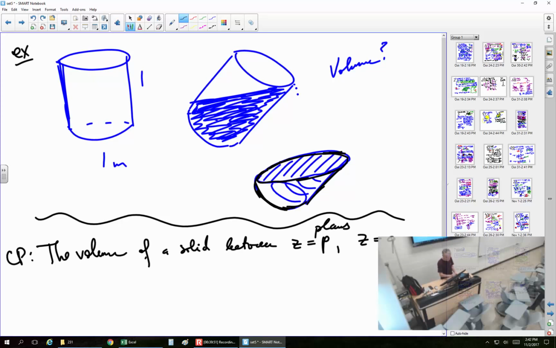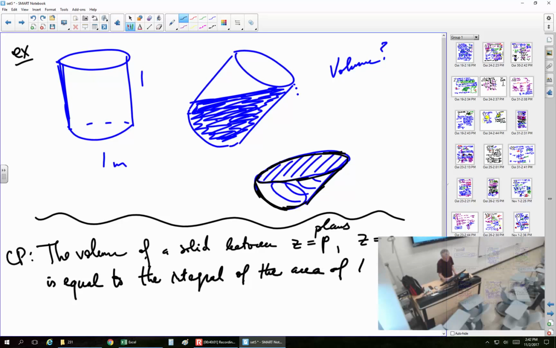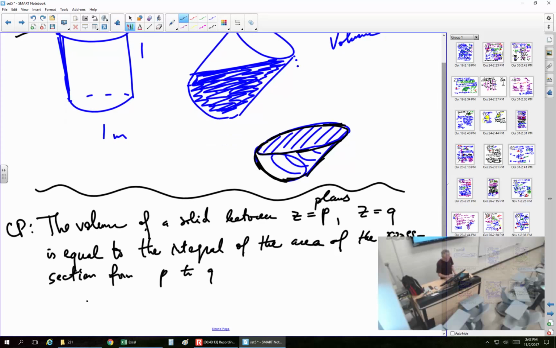okay, is equal to the integral of the area of the cross section from P to Q. So in other words, the volume is equal to the integral from P to Q of A(z) dz.